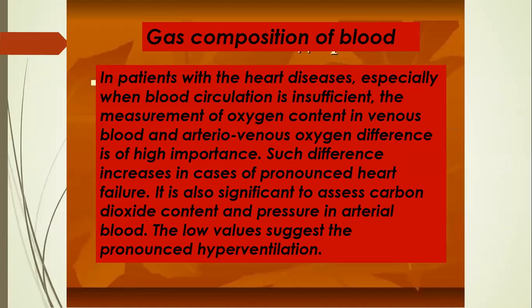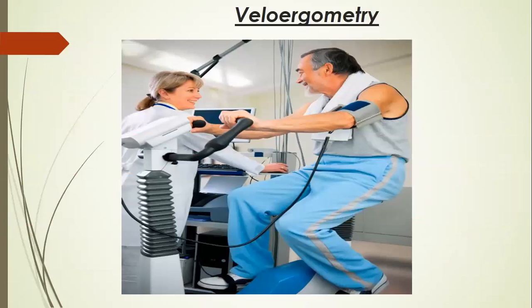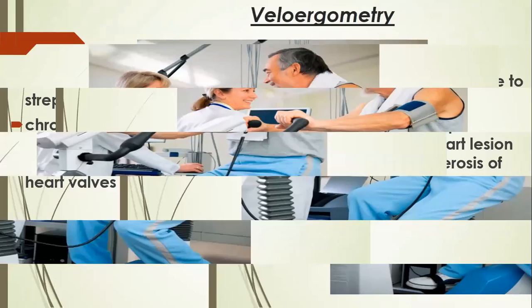Then in the intensive care department, as a rule, we use investigation of the gas composition of the blood and investigate the level of oxygen and carbon dioxide in venous or arterial blood. And one of the methods of investigating the functional activity of the heart is veloergometry.